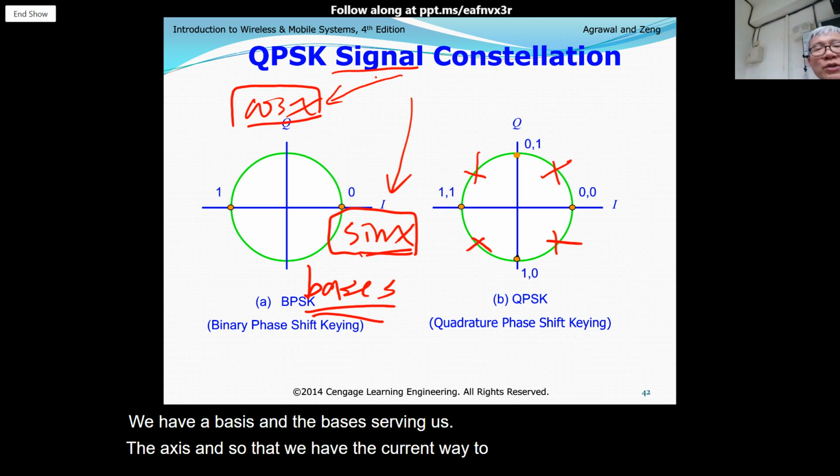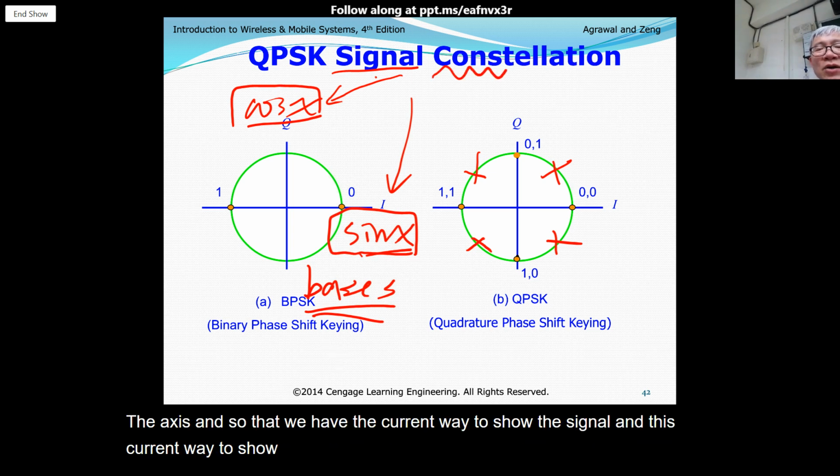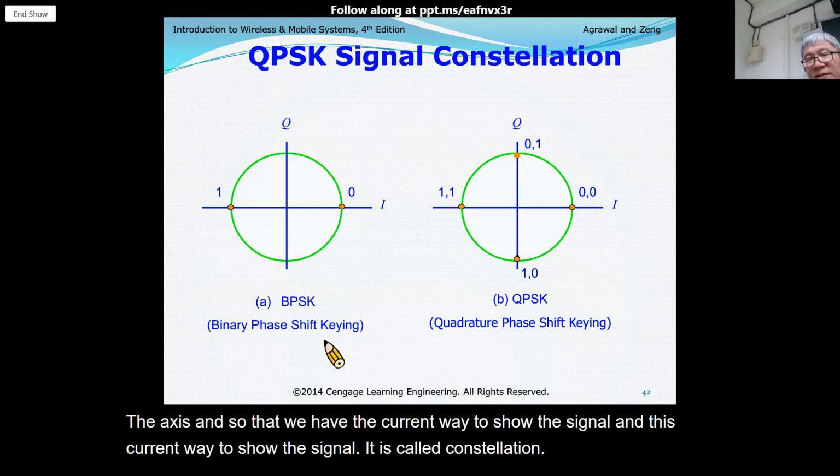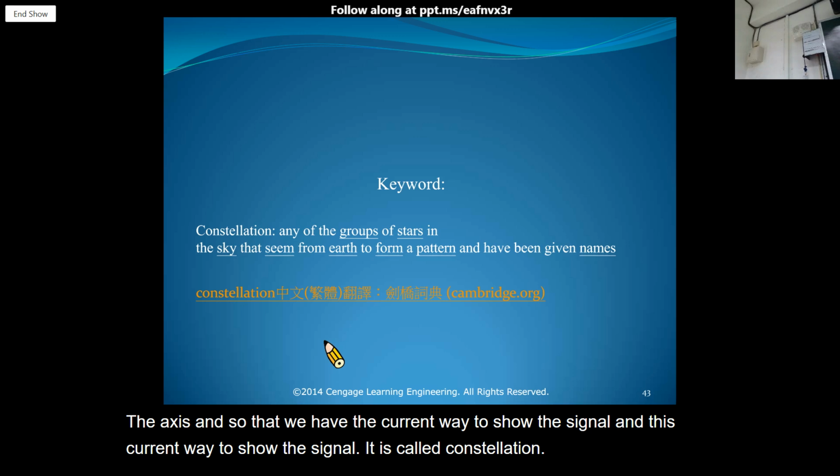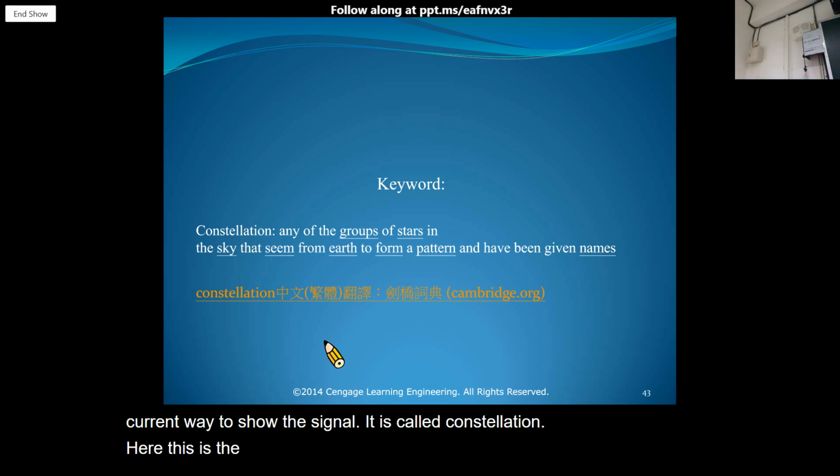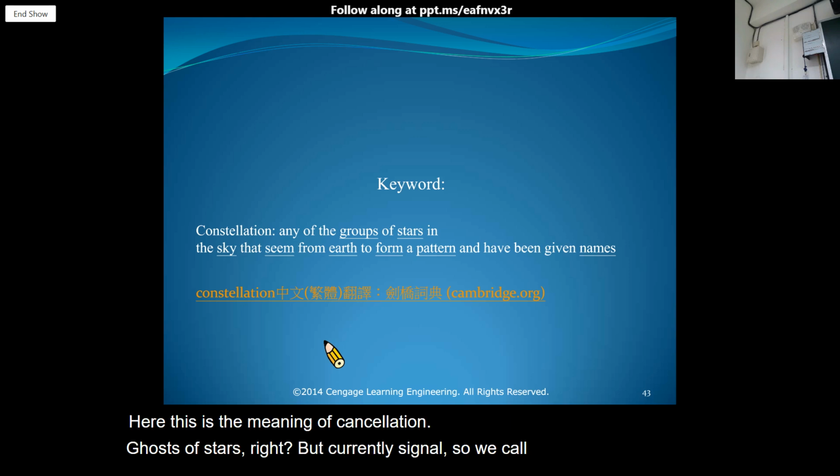And this current way to show the signal is called constellation. Here, this is the meaning of a constellation: groups of stars, right? But currently it's signal, so we call it the signal constellation.